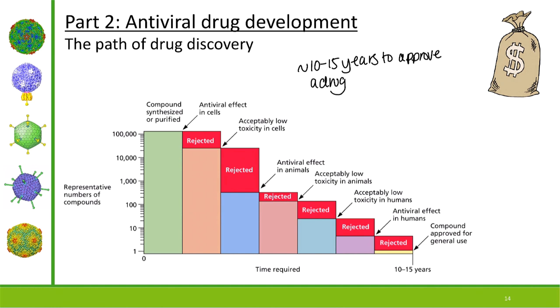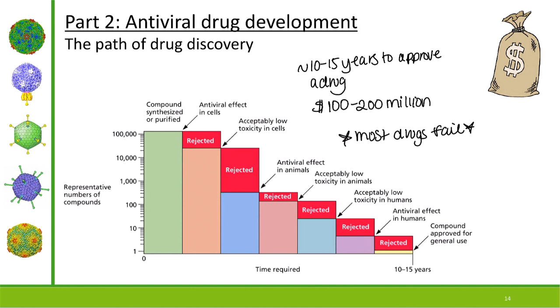And that starts from 100,000 compounds that you may have made. If you are interested in the money, it takes about $100 to $200 million. So not only does it take about a decade, but it takes millions of dollars. And as you can see, most drugs fail.